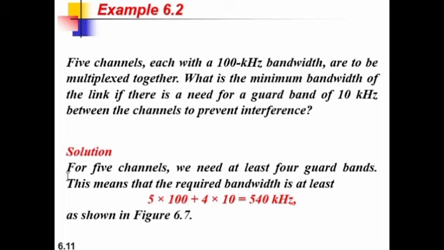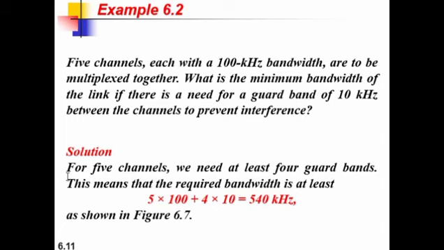So what is a guard band? A guard band is basically used to avoid interference or any noise disturbance. As you know, we have 5 channels, each with a bandwidth of 100 kilohertz. So 5 multiplied by 100, this is the calculation. Now for the guard band signals, let's see how many gaps there are between the channels.